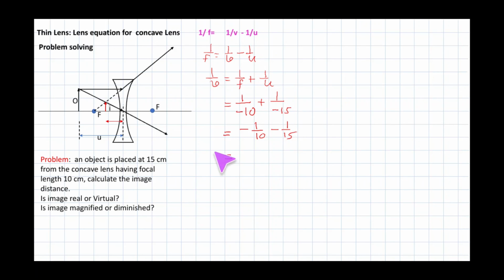Here we multiply this, so 3 into 1 becomes 3, divided by 3 into 10, which is 30, minus, and to get 30 here we have to multiply by 2, that is 2 into 1 divided by 2 into 15, which gives us minus 3 upon 30 minus 2 upon 30, and here we get minus 5 by 30.